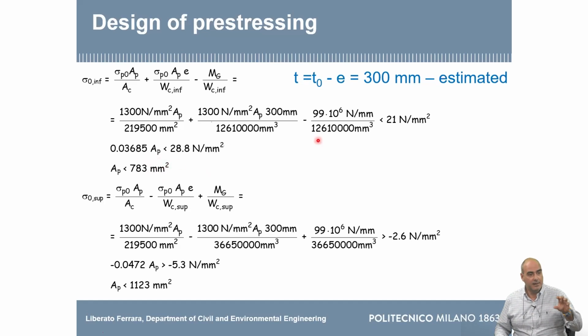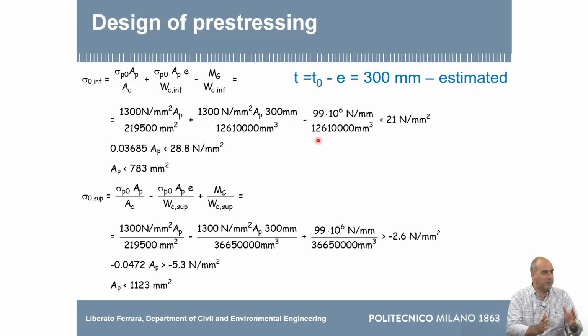The concept which dominates is that of the maximum compressive stress at the bottom. You cannot pre-stress too much because in the early stages, your element is working under a negative bending moment, which cannot compress too much the bottom part. So that is what physically these equations are telling us.